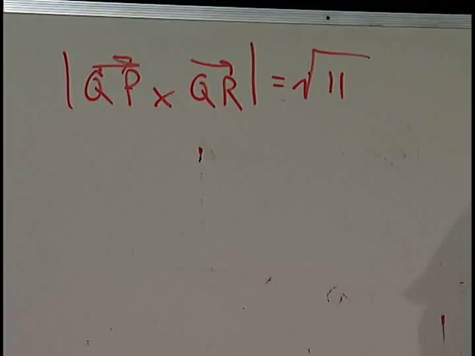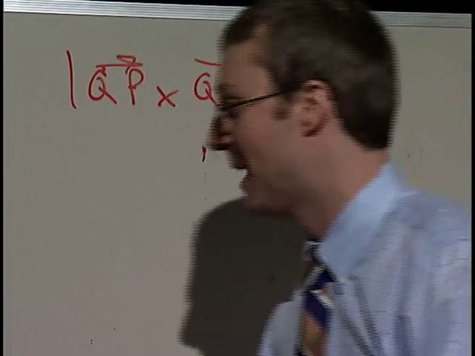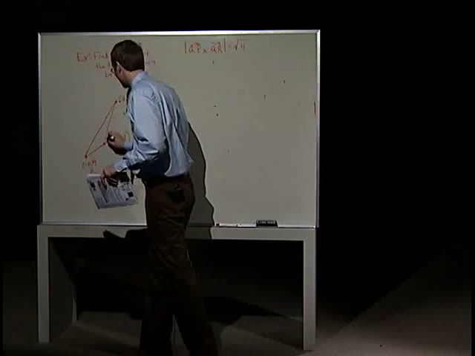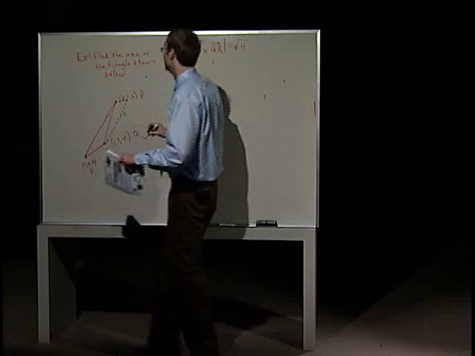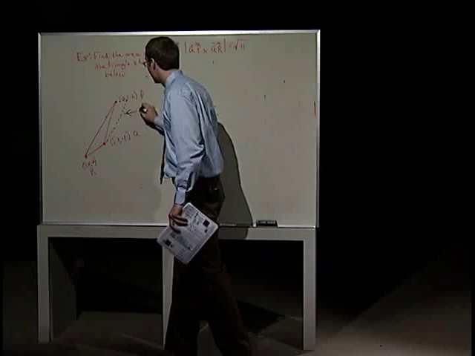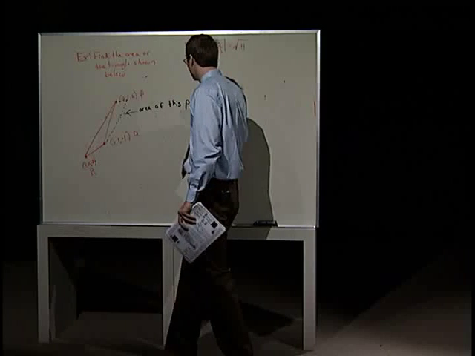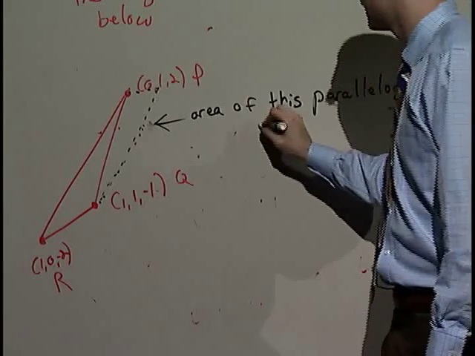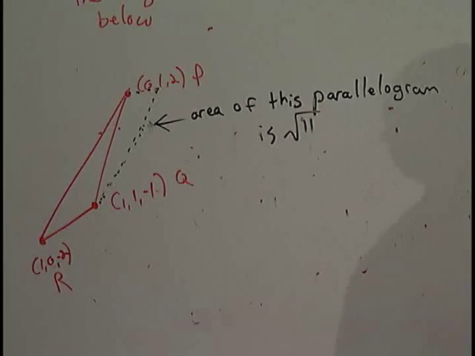Now, this gives us the area of a parallelogram, which means I would have to fill in these couple sides here. Let's make this look parallel here, right? So if I filled in those couple sides, then the area of this parallelogram is square root 11, right? And notice here, let me put in the sides.